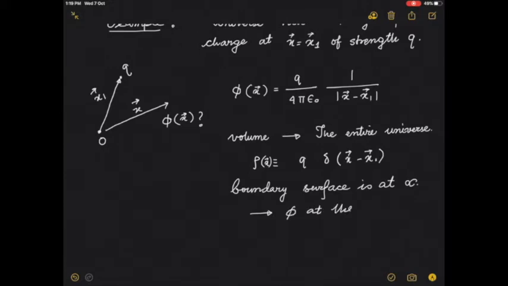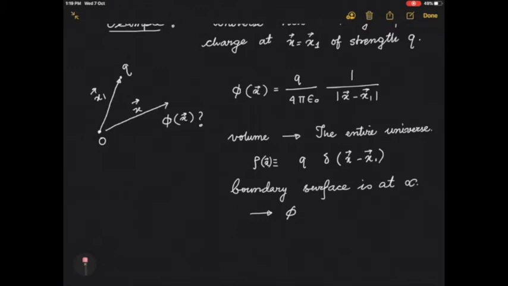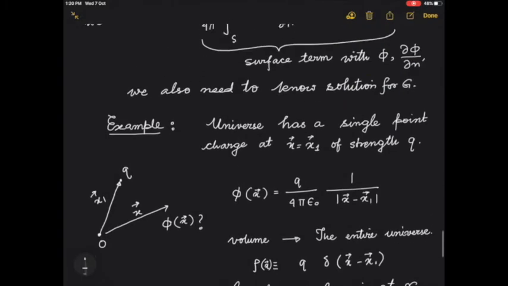Phi at the surface at infinity, and its derivatives, del phi del n, are all 0.